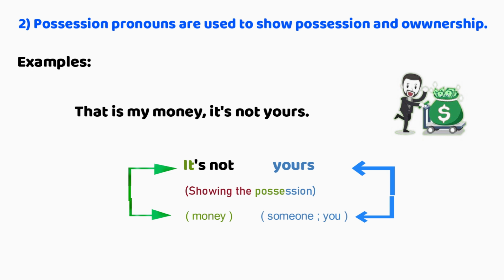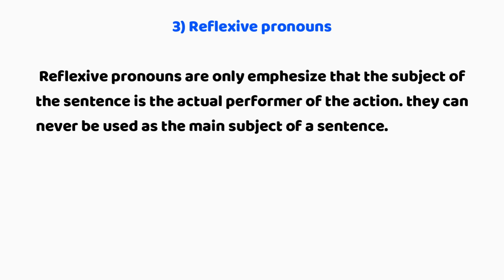Okay, let's move to the third type of pronoun, which is reflexive pronouns. What does it mean? Reflexive pronouns only emphasize that the subject of the sentence is the actual performer of the action. They can never be used as the main subject of a sentence.